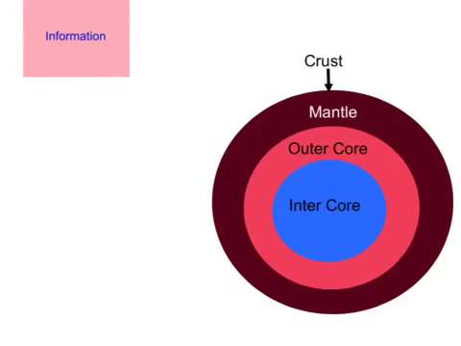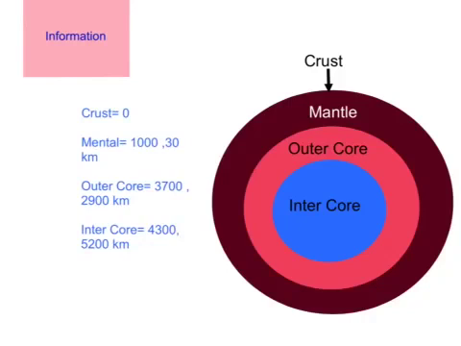Now, the last part of this project, I'm going to talk about the layers of the Earth. The crust is at 0 kilometers. The mantle is located at 30 kilometers right here. And this is the mantle right here. And this is the crust.